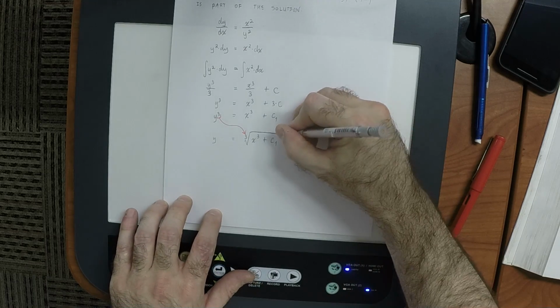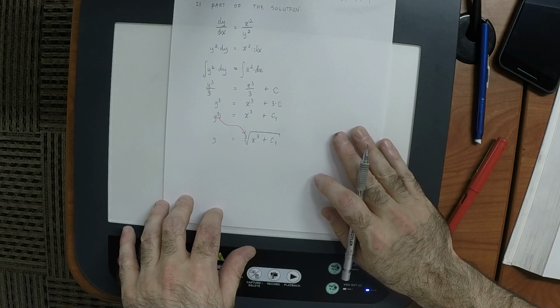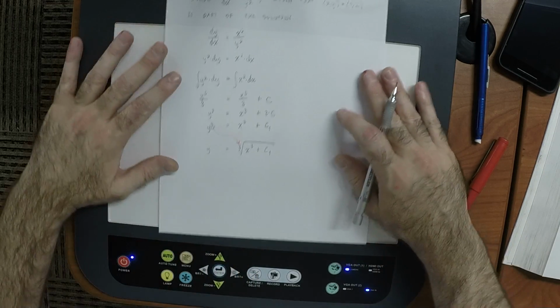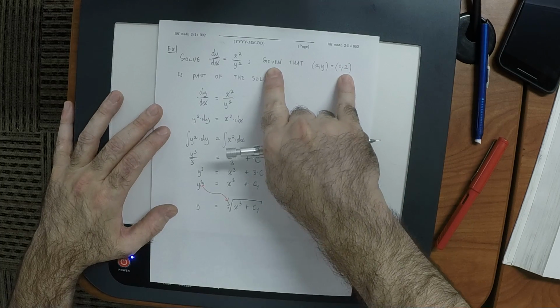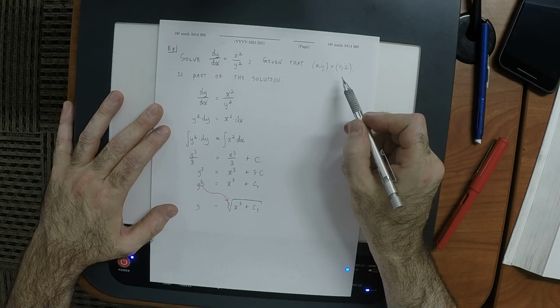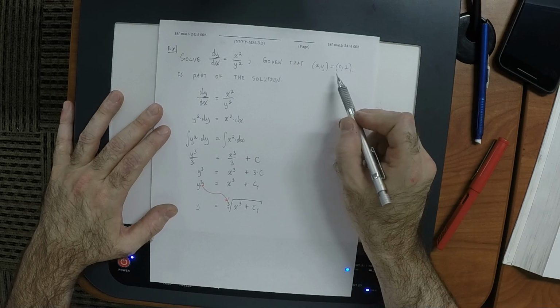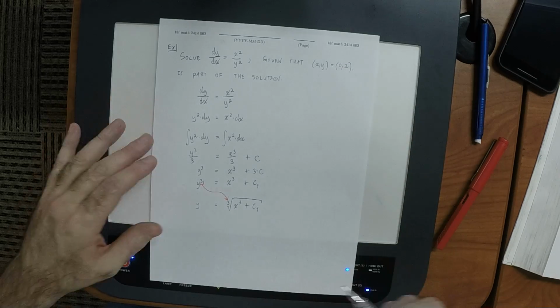Now, this is most of the way to the answer, but there's yet more to do, because, for example, we have this information. So what is it we're supposed to do with that? What does this get for us? Yeah, that's going to tell us what c is.